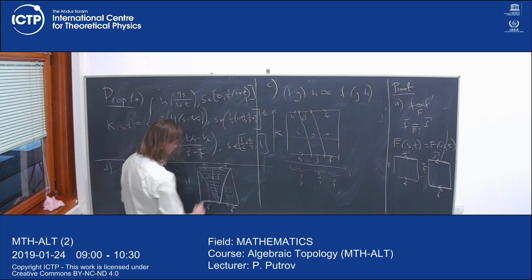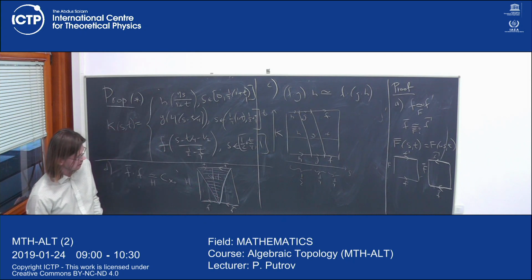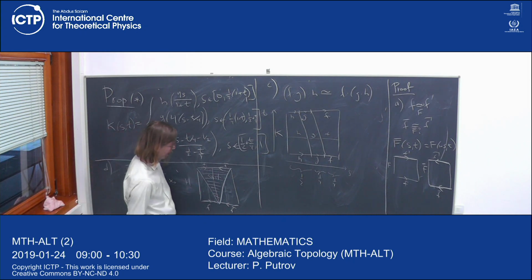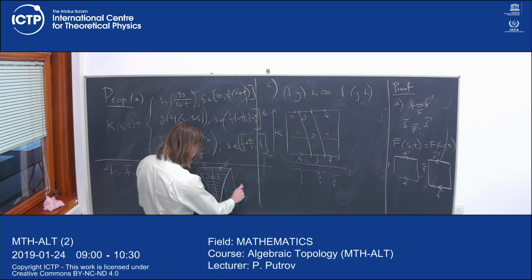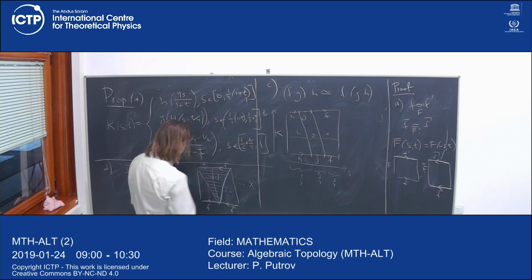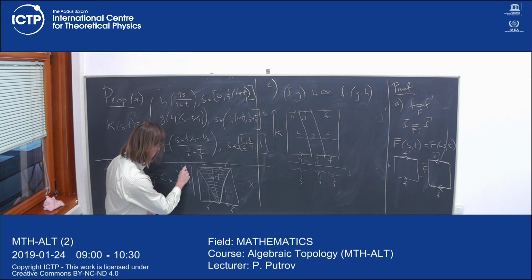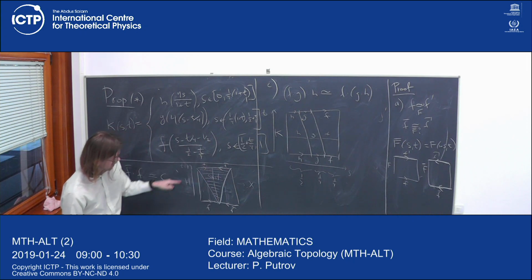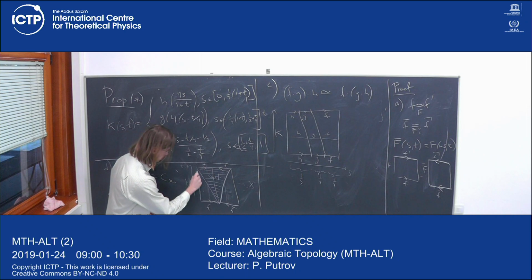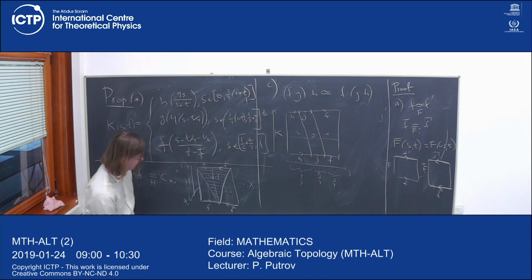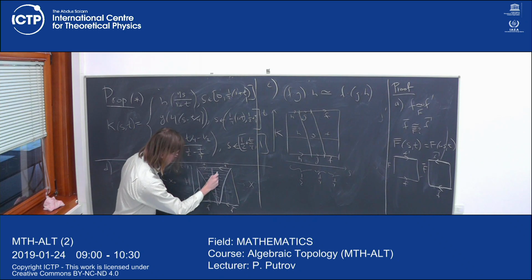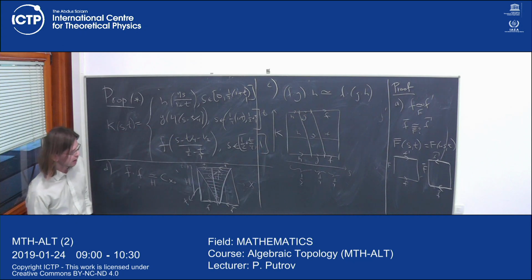This way I get a continuous function from the square to X. At the end, when t equals 1, I will just get a constant function which stays at x, because all this side maps to x, and the middle here maps to x1 and the endpoint.